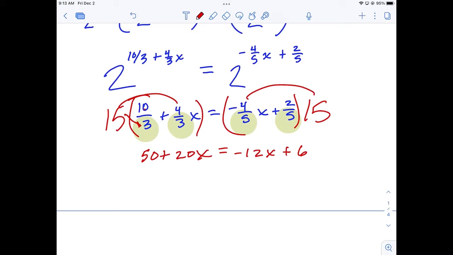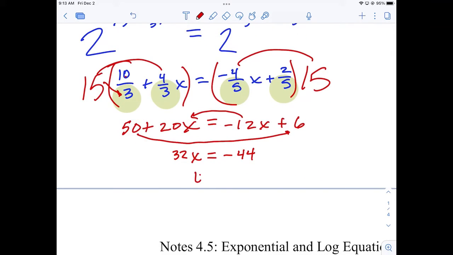Now it's the shell game. Red Rover, let negative 12 come over, and we'll let 50 come over. So that gives us 20 plus 12, that's 32x. And negative 50 plus 6 is negative 44. And divide by 32.